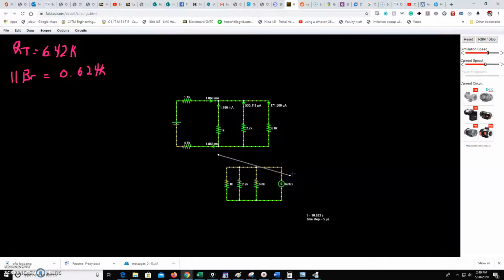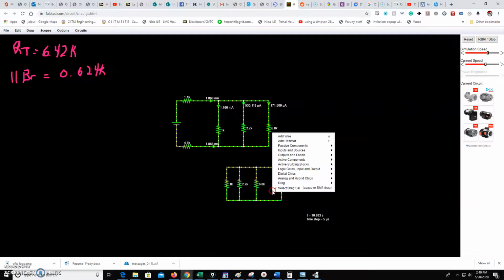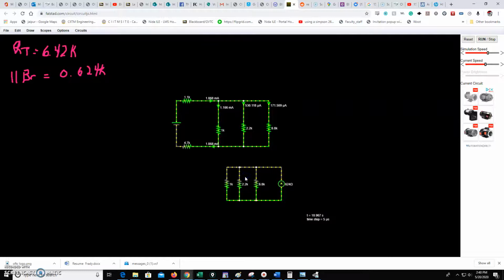I'm going to, whoops, get rid of this guy at the bottom so he doesn't aggravate us. So full current going through this resistor, part of that current going this way, then part of that current going this way, then part of that current going this way.